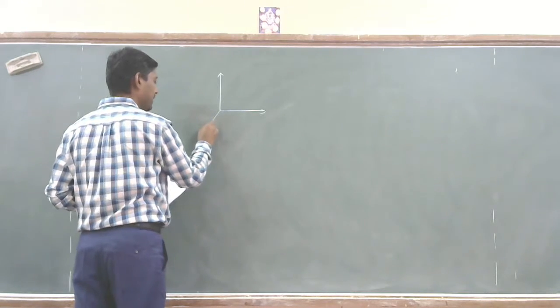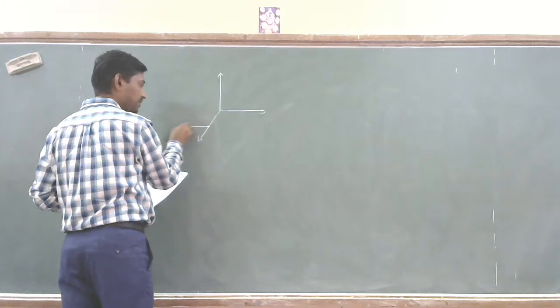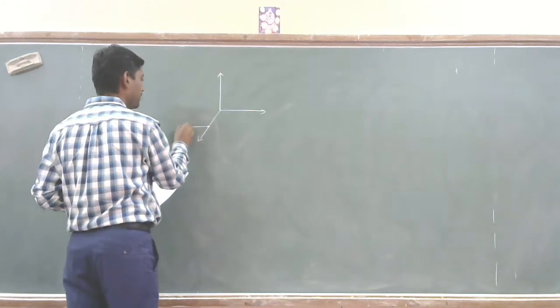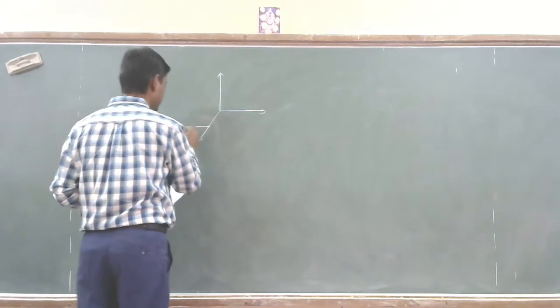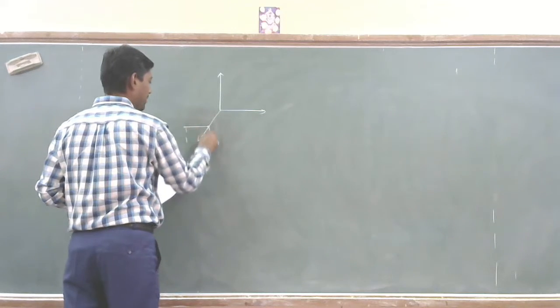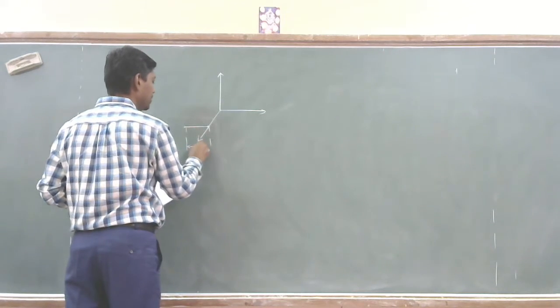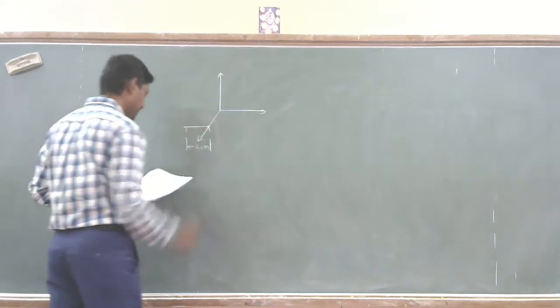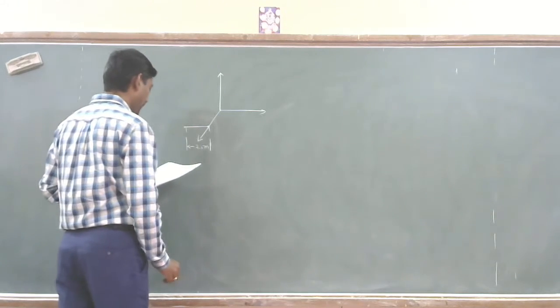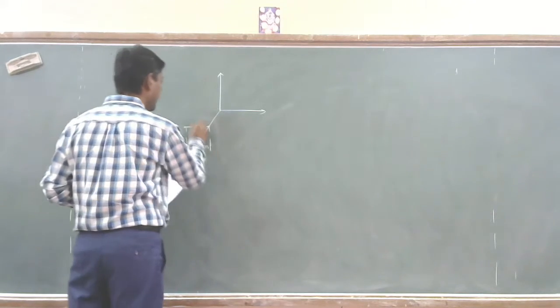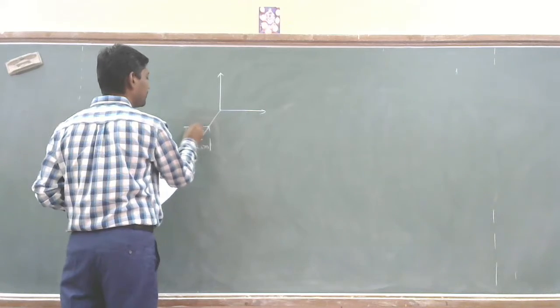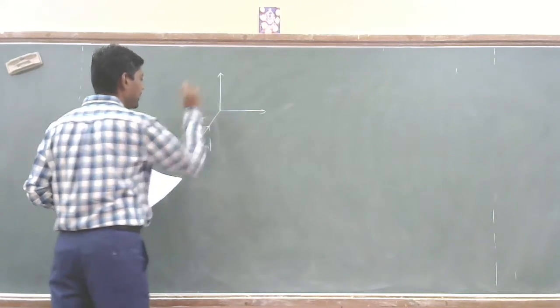So from here at x equal to 4, in the minus a1 hat direction, you have a conductor, and its length is 2.5 meters. And it carries a current of 12 ampere.